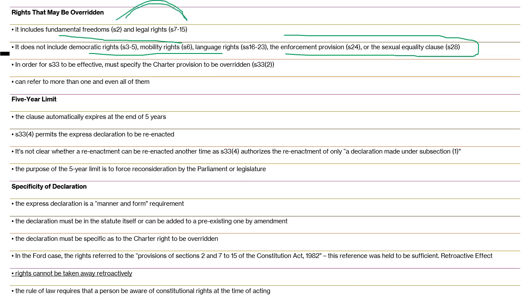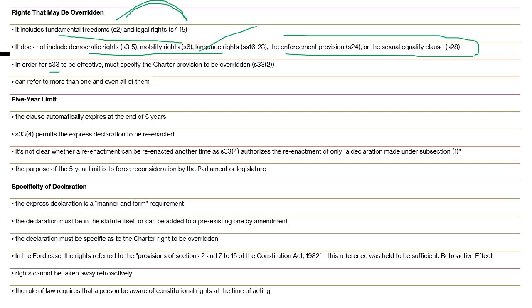The right that is in our case at hand, in our question, if that right is one of these, like democratic, mobility, language, enforcement, or sexual equality, then you have to mention that this particular right does not come under the purview of section 33. Then in analysis, you will use various case law and relate the facts to these sections. So this is how you're going to answer your question.